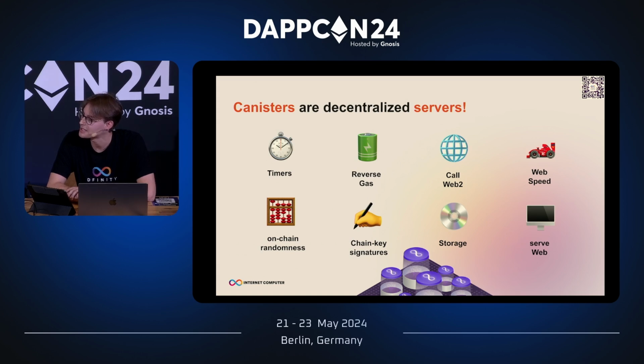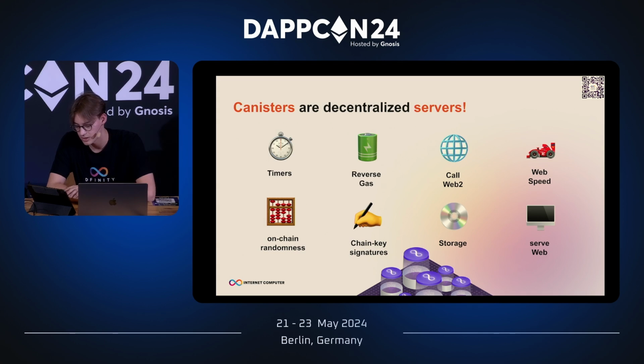And this enables canisters to natively hold, for example, Ethereum or Bitcoin, or tokens from any other chain that supports ECDSA signatures. And we are planning on adding support for other signature schemes as well. Currently, we're working on threshold Schnorr signatures, and the plan is to release them by the end of the year.